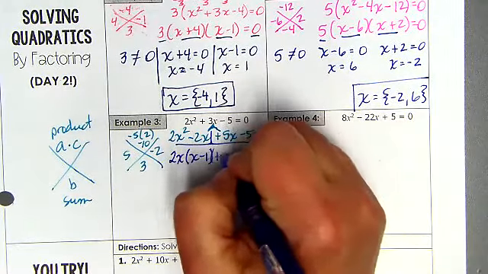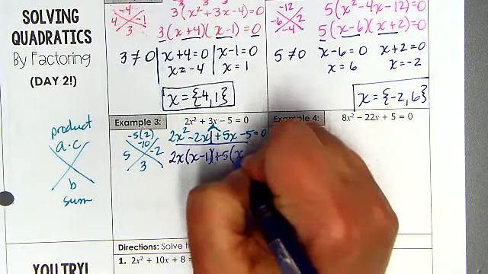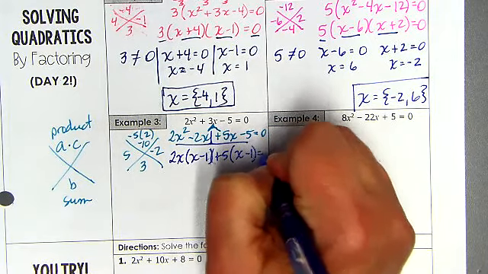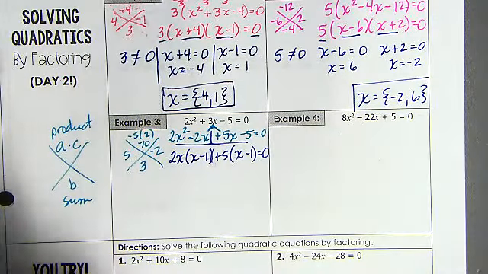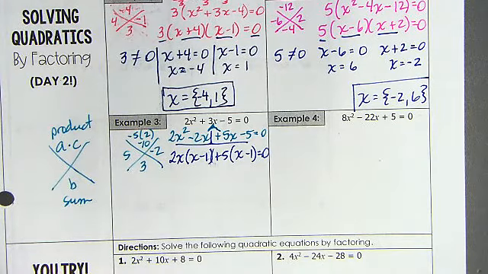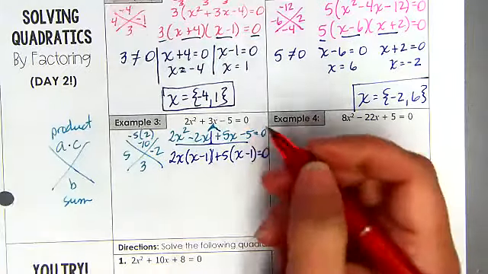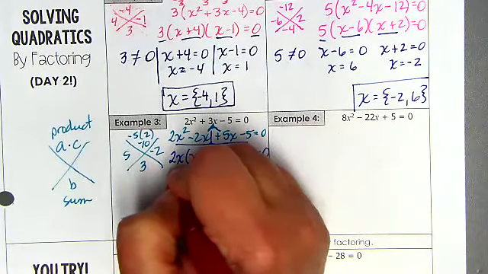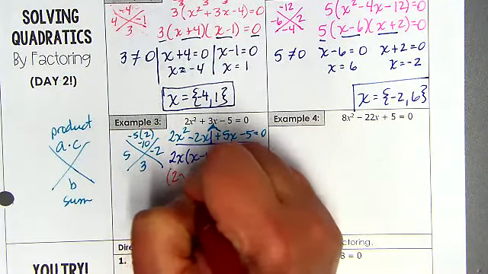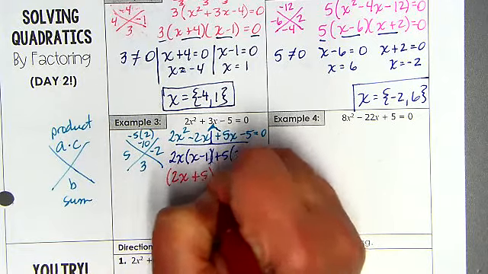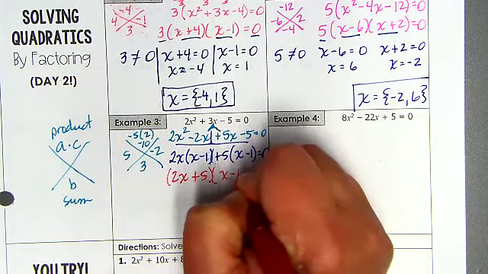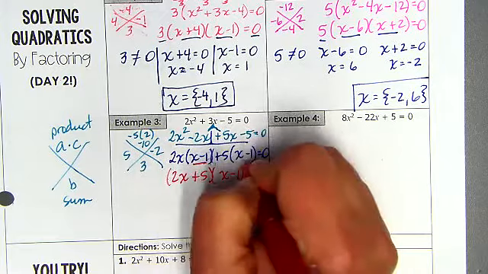Factoring out 5. Times x minus 1, because this is my GCF.